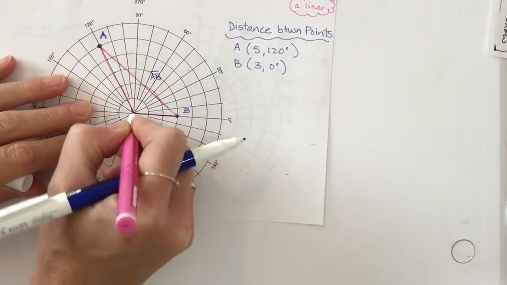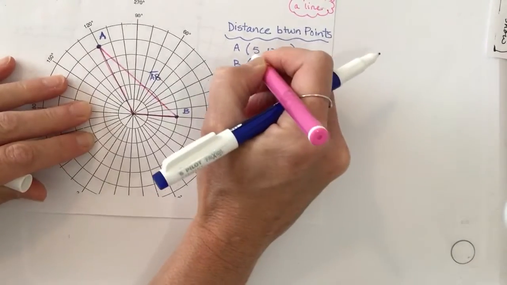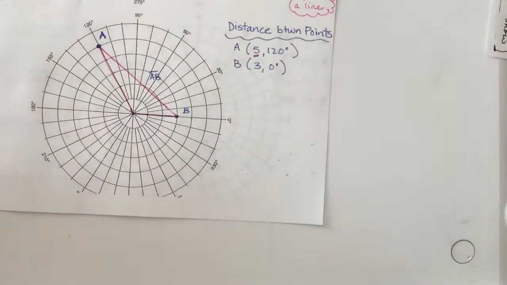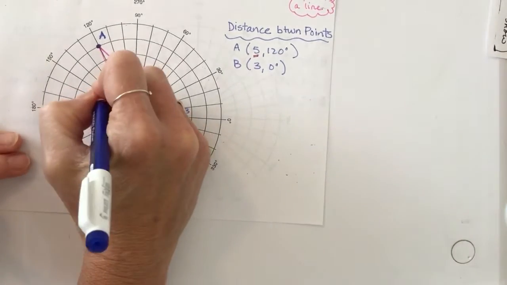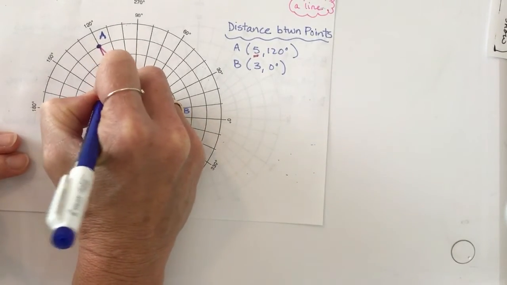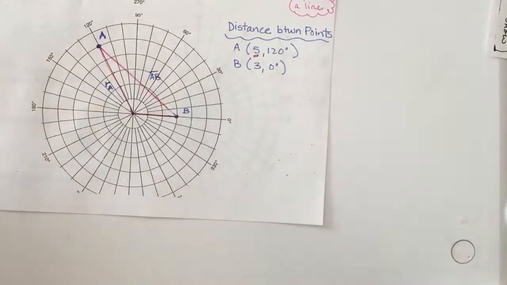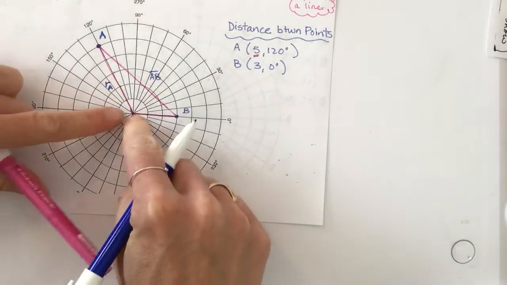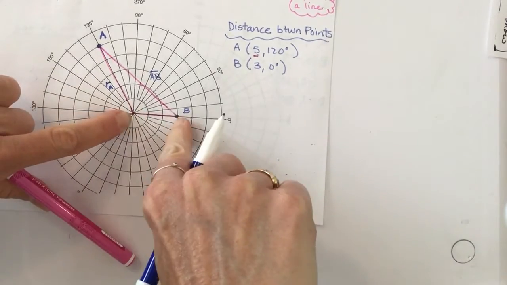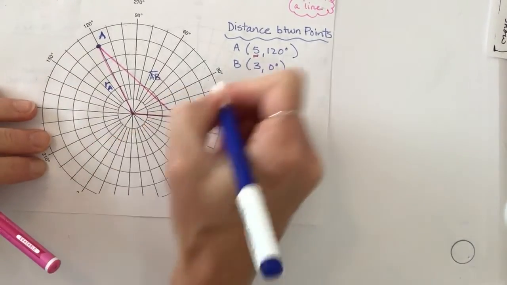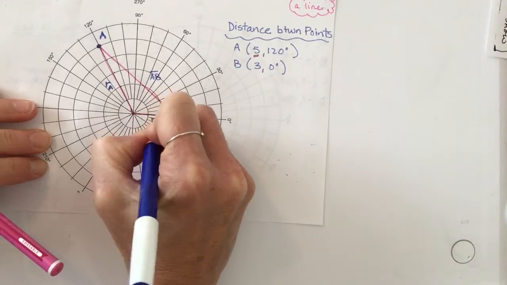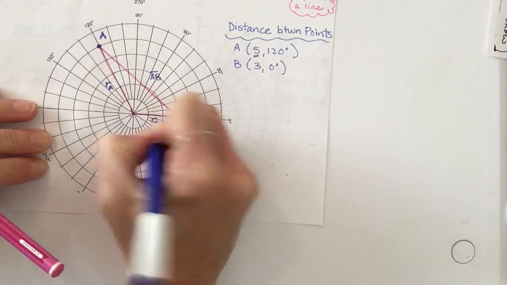This distance from the origin out to A is, you got it, 5. So I'm going to do this in general, r sub A, whatever the r value is. And this distance from the origin out to B is 3, or r sub B.